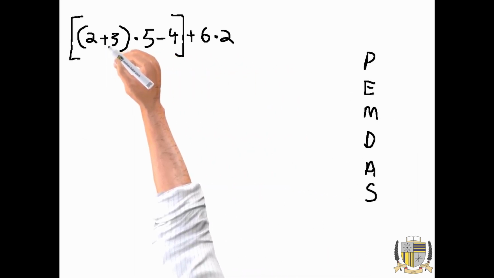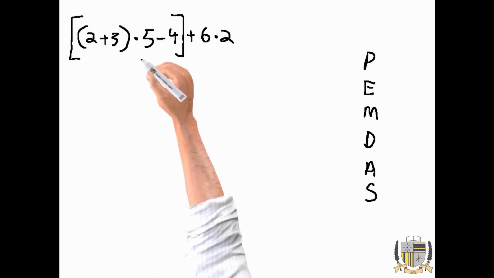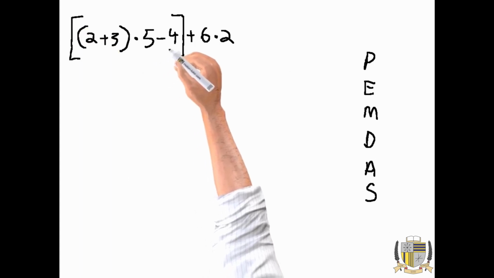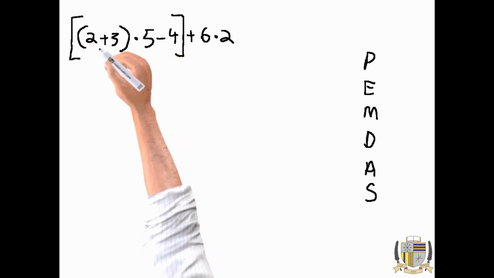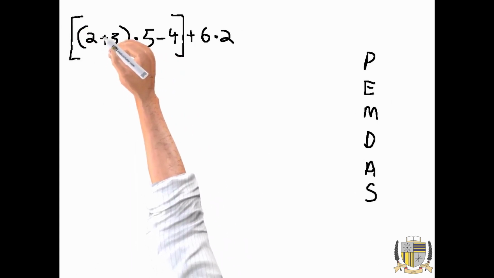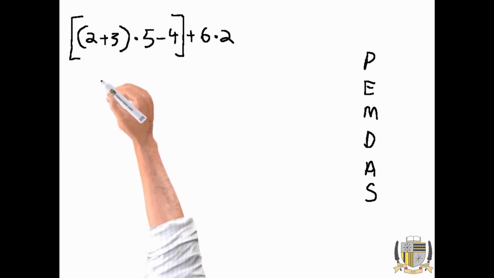We looked at this, we saw parentheses, a big main parentheses. We jumped inside this parentheses. We applied PEMDAS again to the inside of this parentheses. We see another parentheses, which forces us to jump inside this inner parentheses. We had worked this out. We found out it was 5.